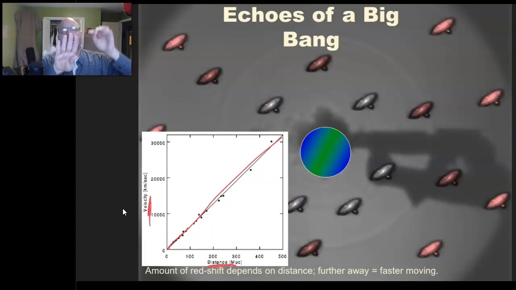So if this one is moving away at 1 meter per second, this one is moving away at 2 meters per second, and this one at 3 meters per second, because each gap has to open up at 1 meter per second. So this one ends up moving 3 times as fast, sort of like that.